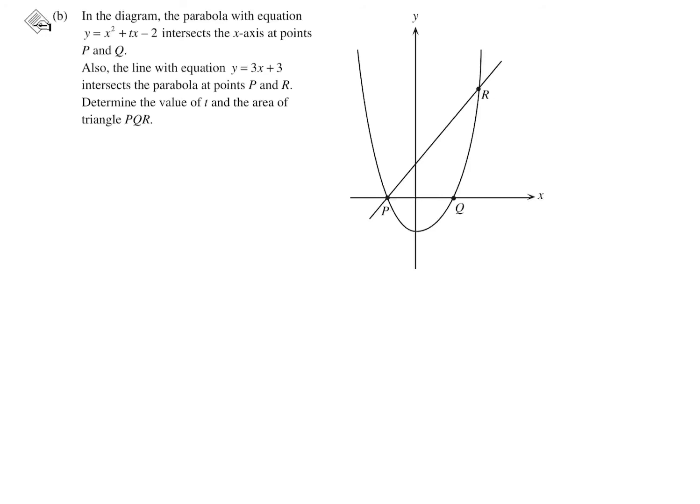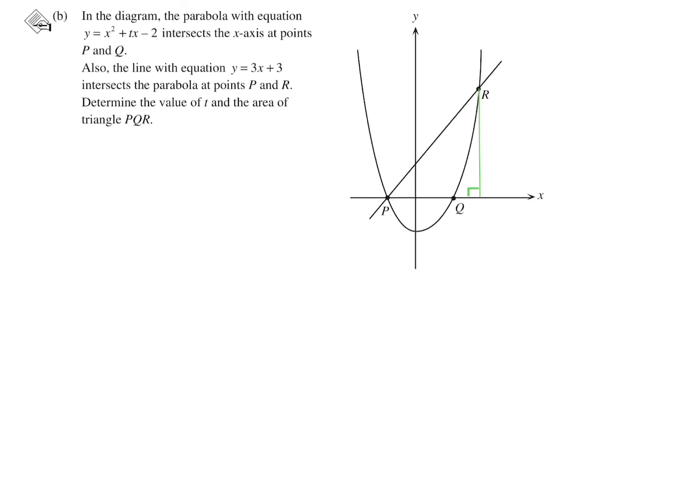So a little bit of labeling, perhaps. I don't think we need to do much labeling in this question, but just a little bit. I'm going to draw a line from R down to the x-axis to make it a perpendicular. And I'll just draw that it's a perpendicular. And then I can figure out the value of t, okay?